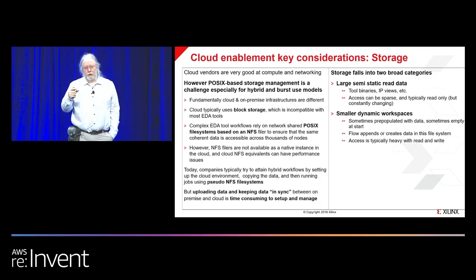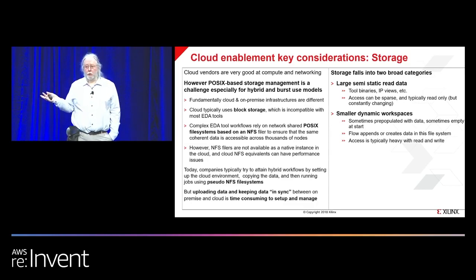The other aspect of it, which is a perception, not a reality, is around security. In general, my opinion is that the data security on the cloud is as good or better than you have on-prem, simply because on the cloud you can limit who has access to the data more than you can on-prem. You can set it up so only jobs that go through a queue go to the cloud and people don't log on and your data's secure. But there is a perception amongst all of your engineers that it's insecure because it's not on premises anymore.